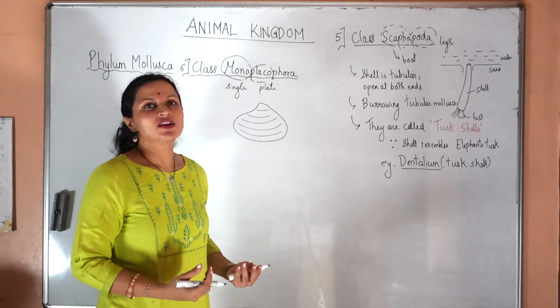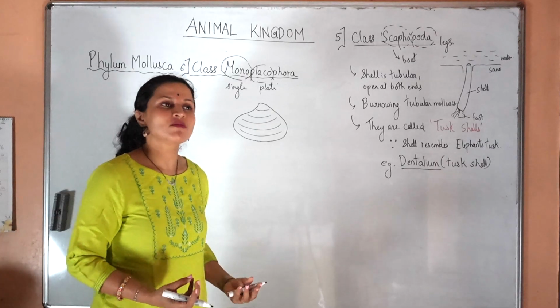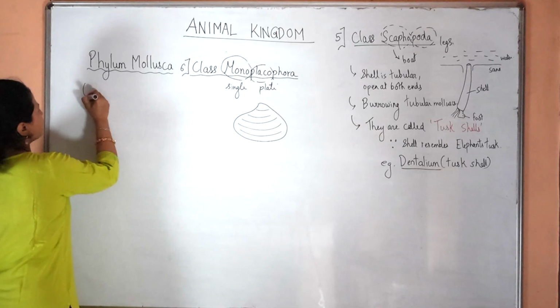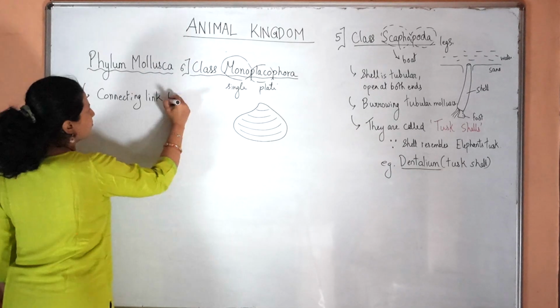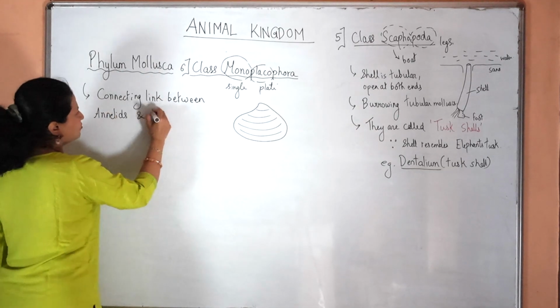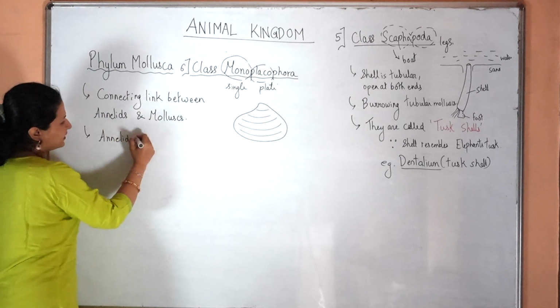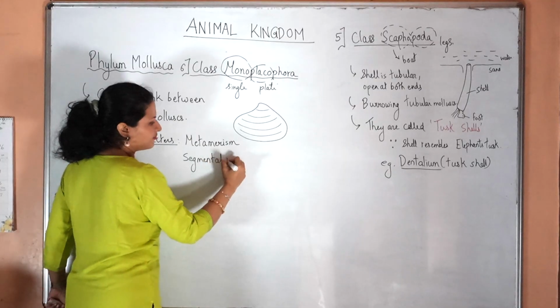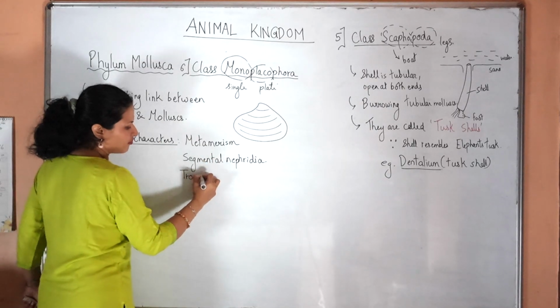And with that we can infer that molluscans may have evolved from annelida-like ancestors and not arthropoda-like ancestors. So this class is a connecting link between annelids and mollusks. Annelid characters include metamerism, segmental nephridia, and the presence of trochophore larva.